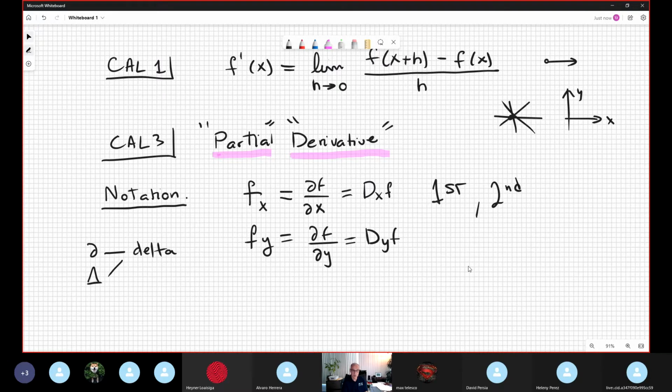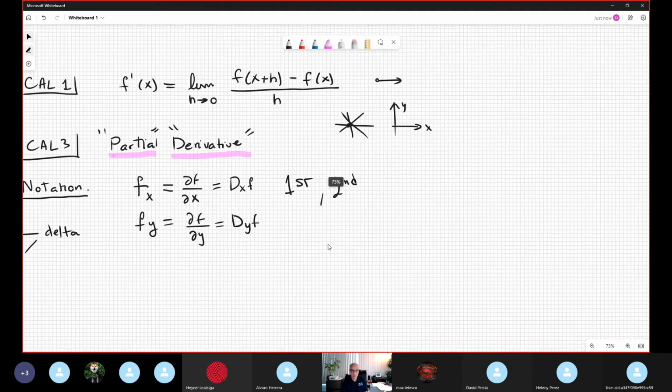Suppose the second derivative with respect to x is f_xx. The second derivative with respect to y is f_yy. And in the Leibniz notation, it is the second derivative of f with respect to x, and this is the second derivative of f with respect to y.